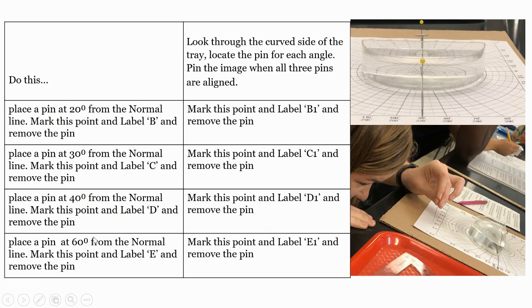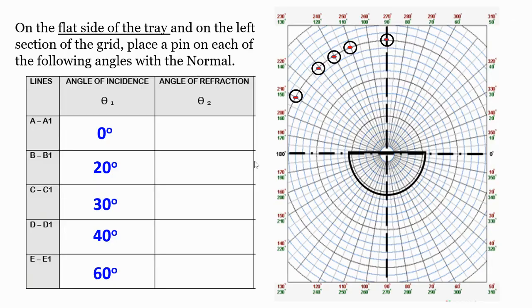So here is the repetition that you are going to have. I will have to do all this repetition. I'm not going to read this for you, but I'm going to show you graphically how you are going to set this up. Okay, so on the flat side of the tray, you are going to use the grid paper and the vertical line that we are going to call the normal line, and you are going to identify all those 4 angles, 20, 30, 40, and 60, away from the normal line.